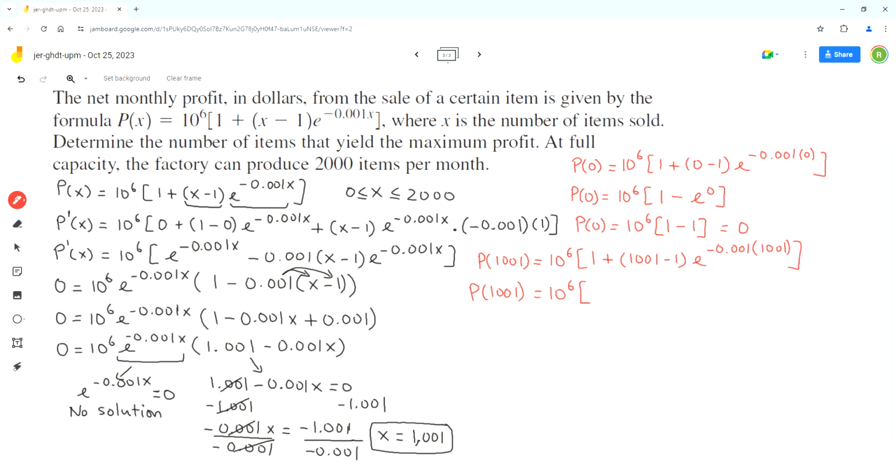So in the brackets, the 1 will stay the same. Now 1001 minus 1 is 1000.